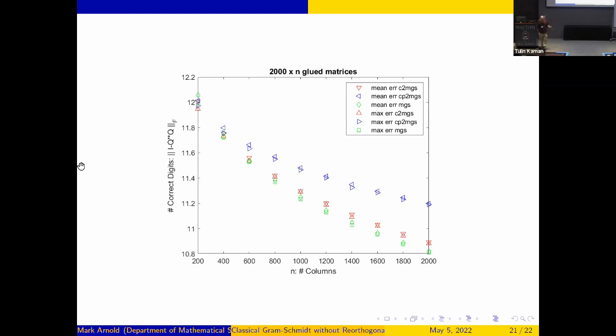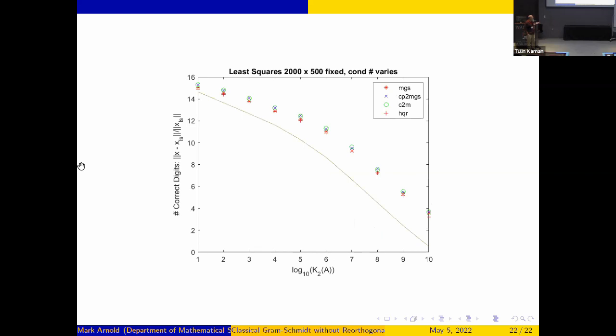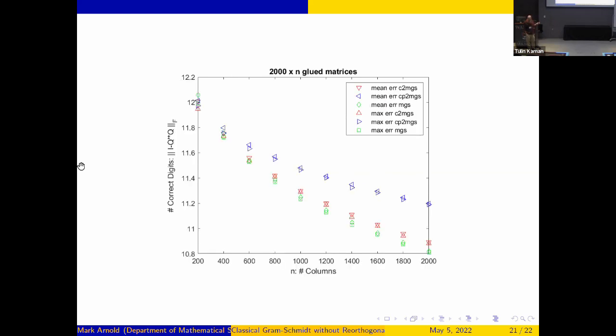And here, I was talking about the drama between the proof that classical Gram-Schmidt gives an orthogonality error as the square of the condition number of A. And a year later, a group, Smoktunowicz and Barlow and Langou, I think, and Langou was from the previous paper, showed that that theorem was wrong.